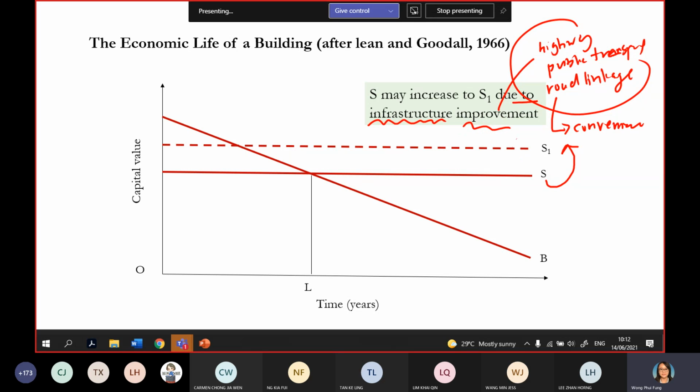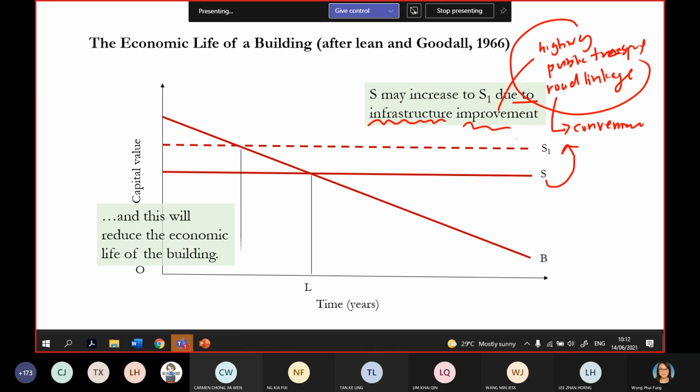Okay. On the other hand, when the site value increases, S increases to X1, you can see that this will reduce the economic life of the building. Previously 10 years, but now it shortens to 5 years. As I told you just now, when there is better infrastructure improvement, there is more and more development focused on suburban areas like Semenyih, Seremban, Sepang.